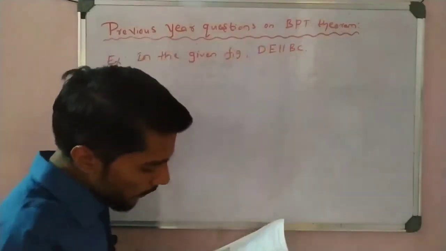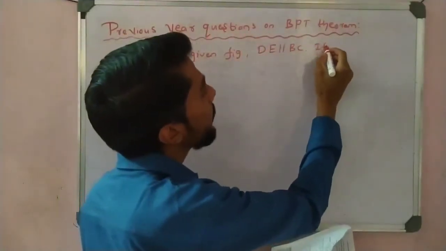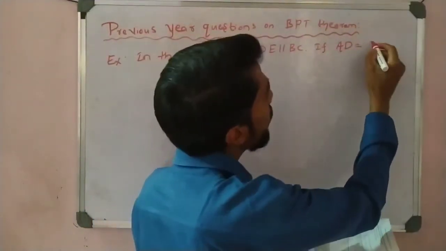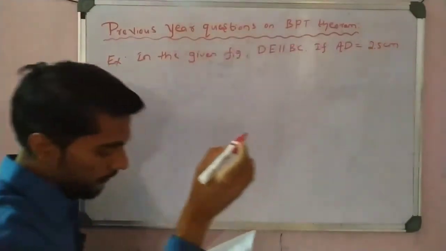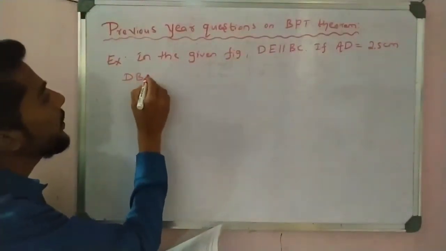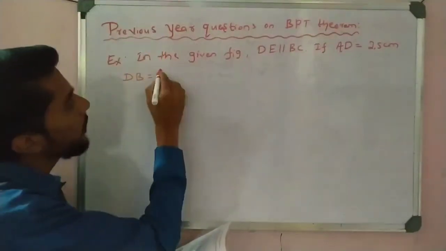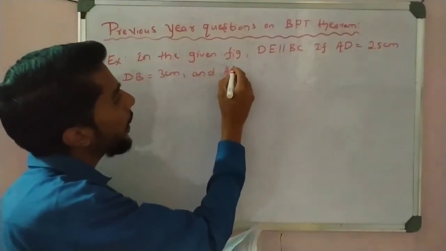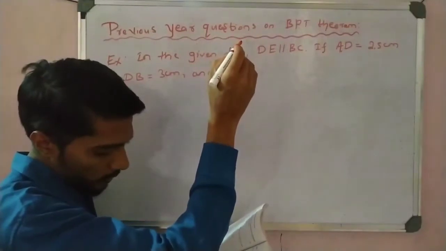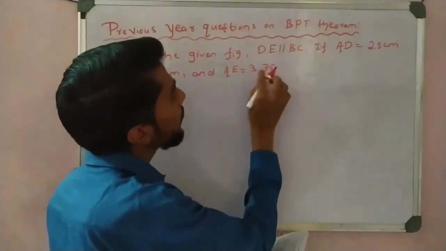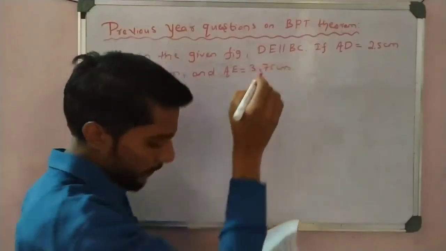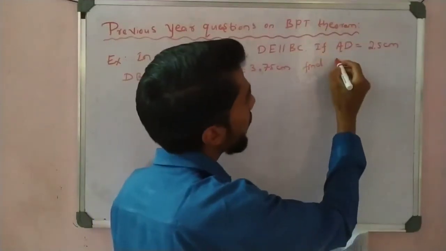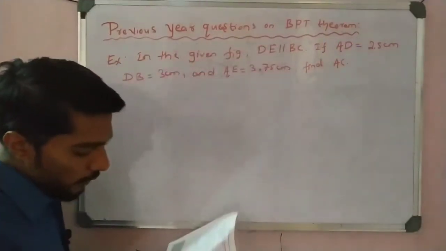If AD is equal to 2.5 centimeter, DB is equal to 3 centimeter, and AE is equal to 3.75 centimeter, find AC.